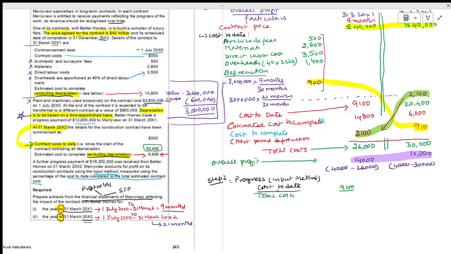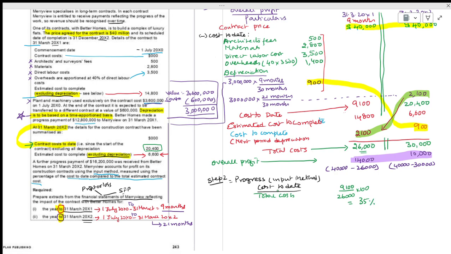We have calculated the total cost here. How much is the total cost? 26,000, times 100. It comes to 9,100 divided by 26 times 100, which is 35.